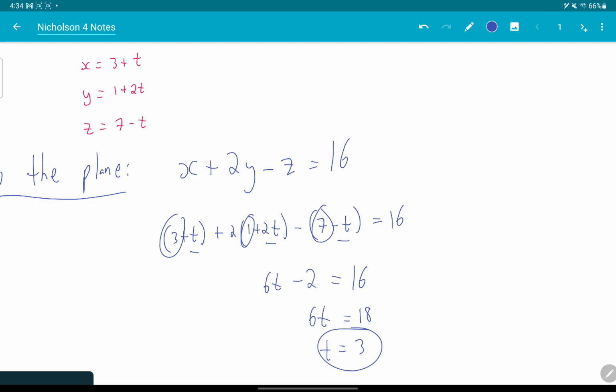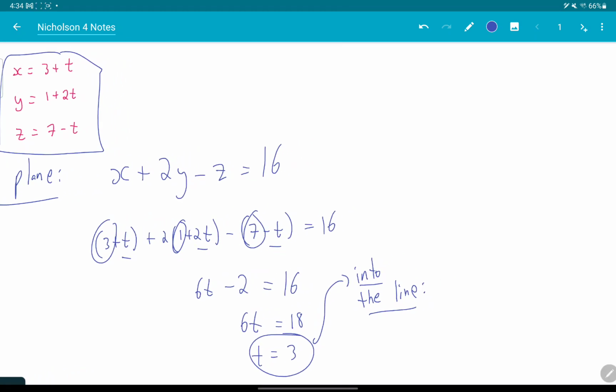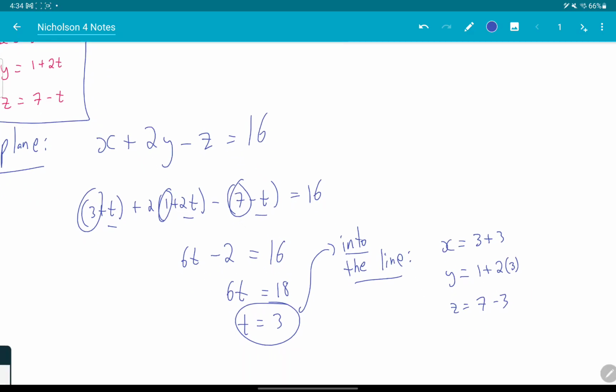So I need to take this parameter value 3 and plug it back into my line. So x is equal to 3 plus 3. Y is equal to 1 plus 2 times 3. Z is equal to 7 minus 3.